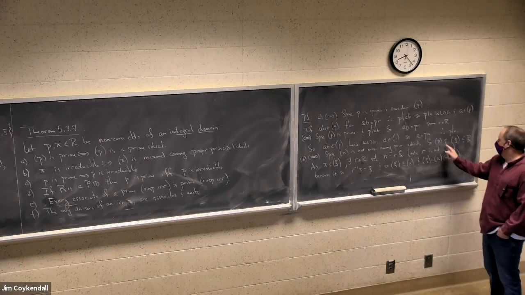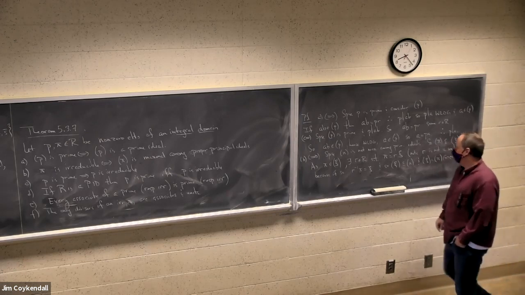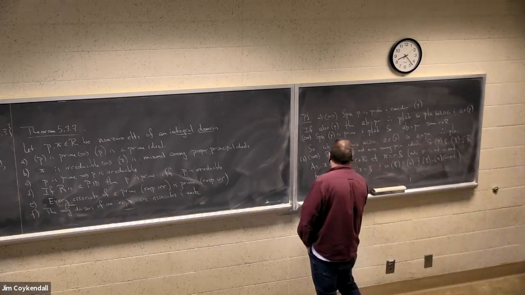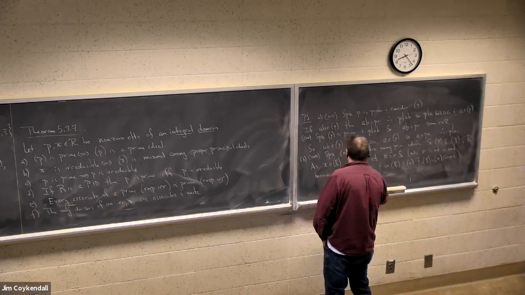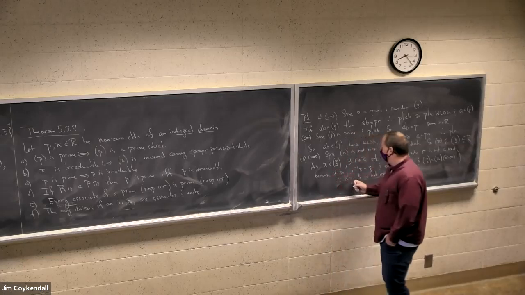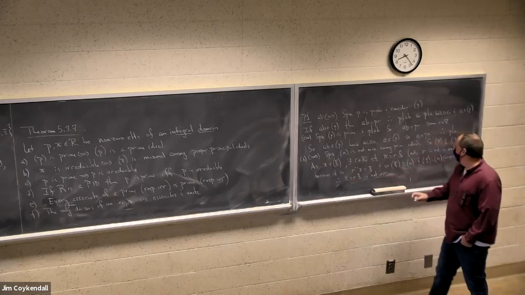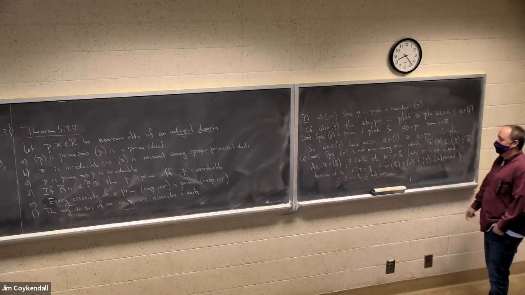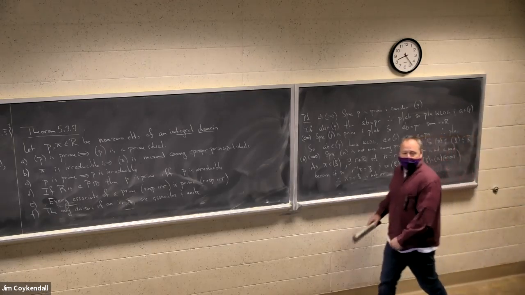So you get equality here, which is a contradiction. Therefore, pi is not irreducible, because we've shown that R is not a unit, and this can't be a unit, because otherwise this contains it. So there's one direction of B.